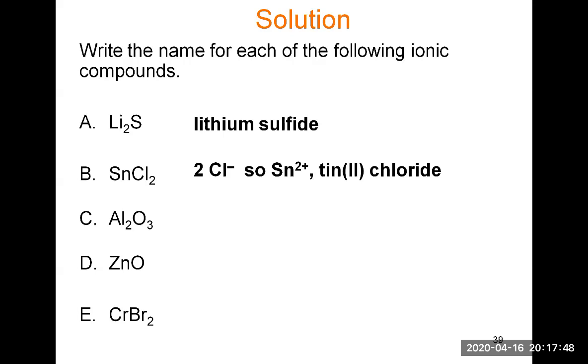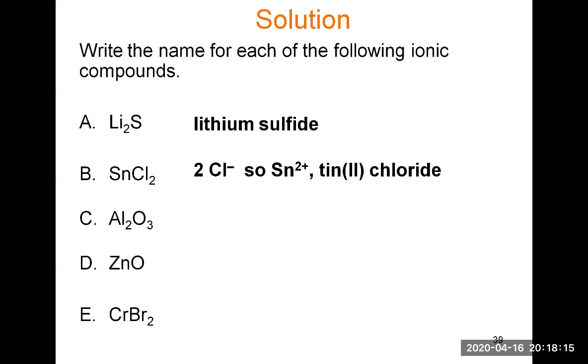Let's do Al2O3. Al is aluminum, O is oxygen. Aluminum is in group 3A. It's a metal that gives a predictable ion because it's in group 3A. Predictable ions are found in group 1A, 2A, and 3A.